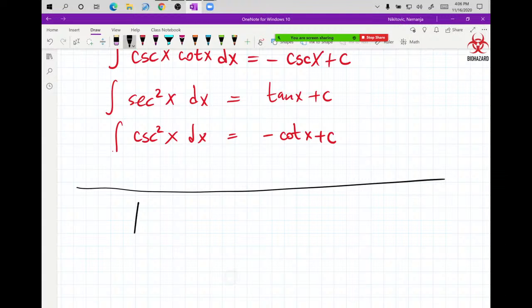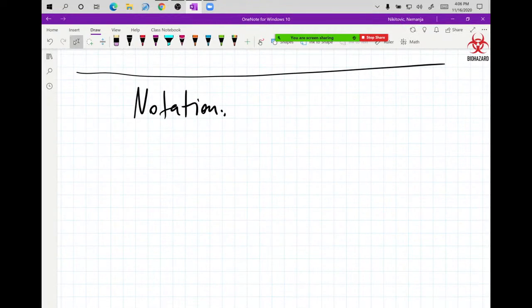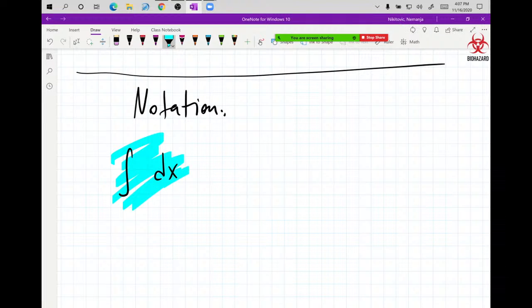Now, notation. We all have our triggers, and the notation for integrals is definitely one of mine, so I'm hoping you're paying attention. Integral and dx are inseparable.